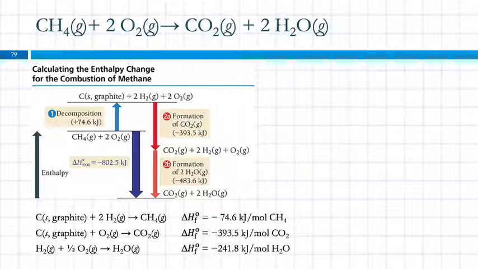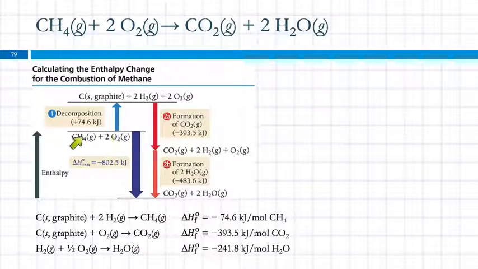So let's look at this diagram and see if we can visualize what's going on here. What we're trying to do is find out the delta H for this reaction. We have methane reacting with oxygen to form carbon dioxide and water. And we can look at an energy diagram.